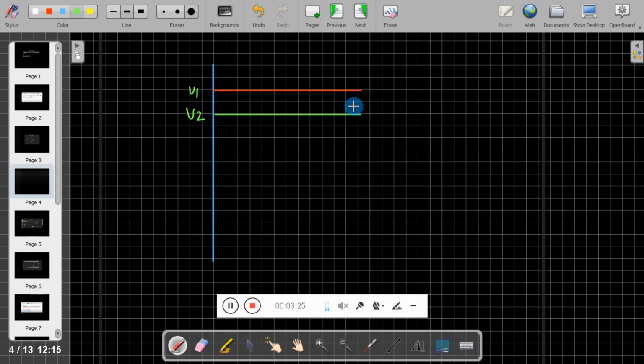These are both ideal signals, and V1 is greater than V2. Now the output of the comparator when V1 is greater than V2: this is the comparator, this is the positive terminal with V1, and this is the negative terminal with V2. If positive is greater than negative, the output of the comparator should be plus Vsat, or the output is high.